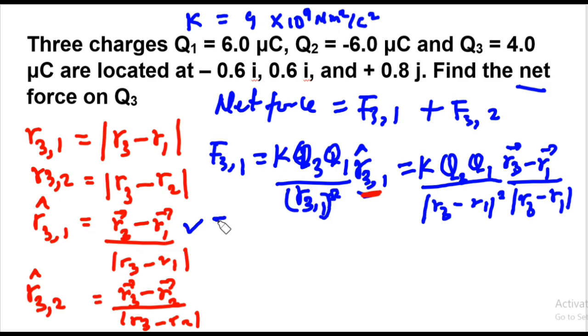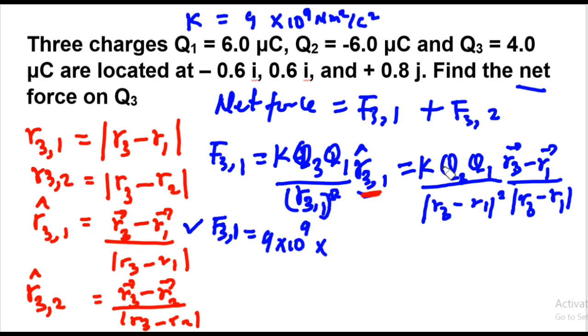To find F3, the force on charge Q3 due to the effect of the charge Q1, utilizing this formula, we have 9 times 10 raised to the power 9 for K, times Q3.